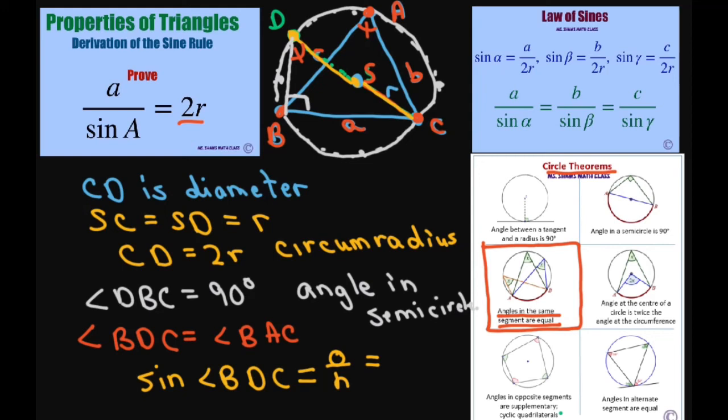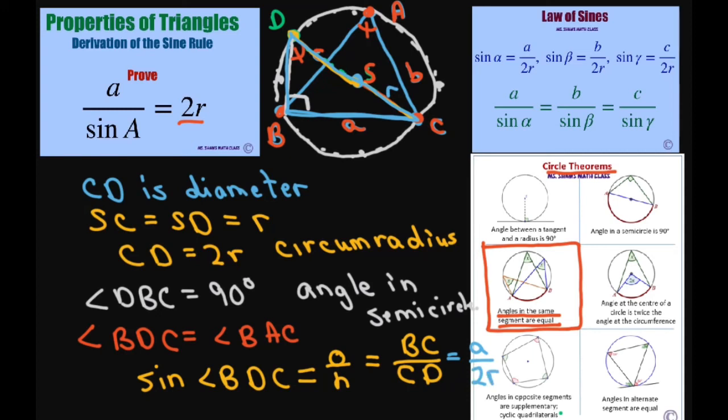So basically we know that opposite is going to be BC, and the hypotenuse is CD. And we're looking at this triangle right here. And this is going to equal, and I'm running out of room here, A divided by 2R.